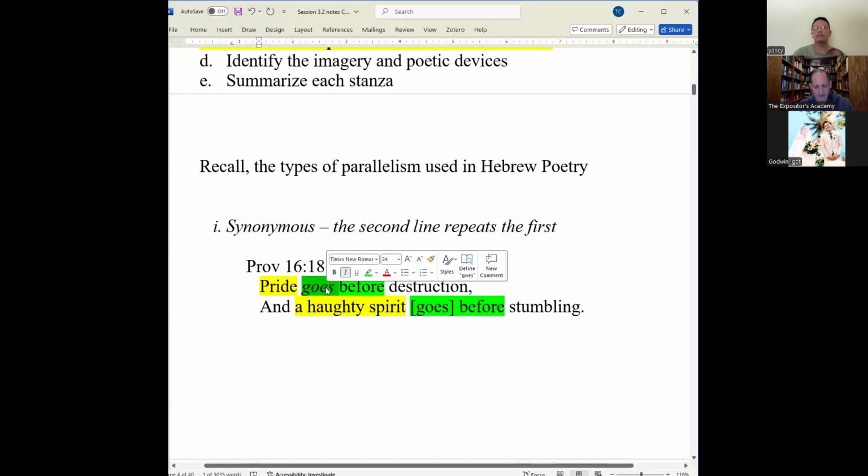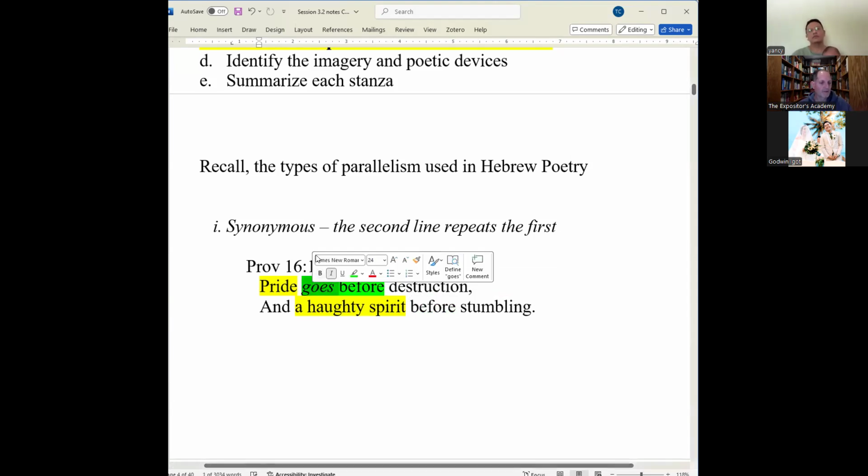Actually, that word goes isn't in the Hebrew text literally. So it's literally pride before destruction, a haughty spirit before stumbling. They added the English word goes to make it a little bit more understandable in English.